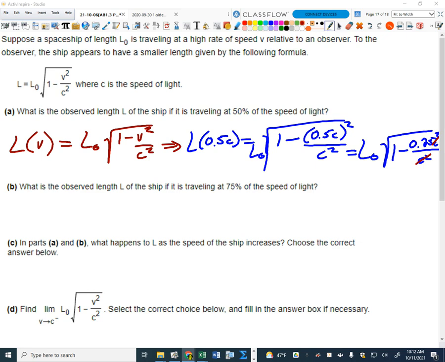I'm just going to let the length be 1 for a second, so we'll end up just getting a number here. So we're going to do 0.5c. What's that telling me then?